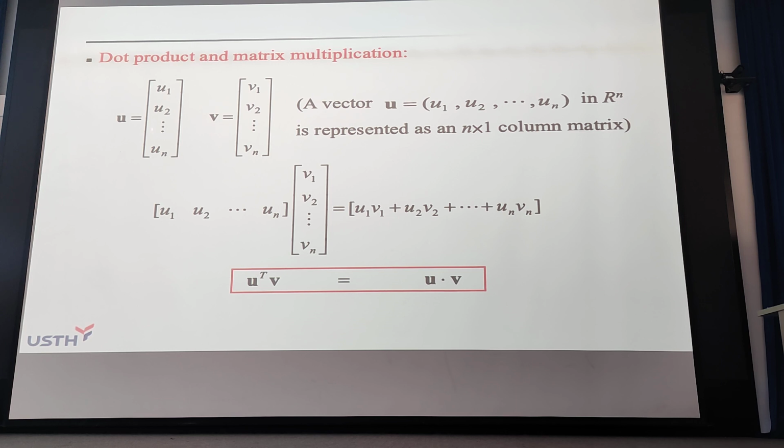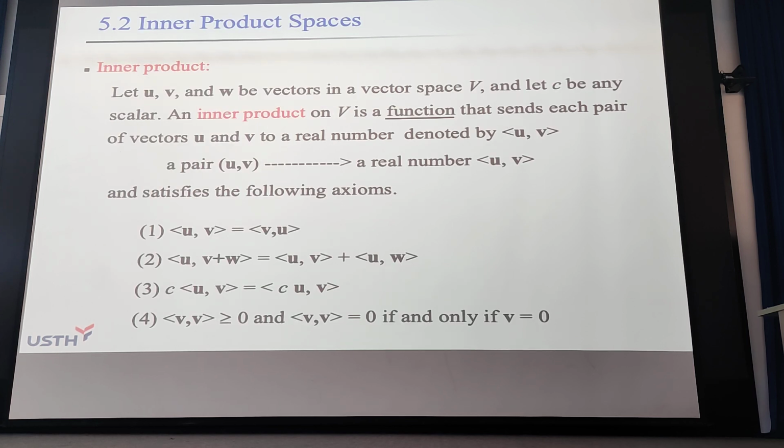If we write U and V as column matrices, then U dot V equals the product of U transpose and V, and it is here. So that is something we already know from high school. Now we try to imitate this for a general vector space.